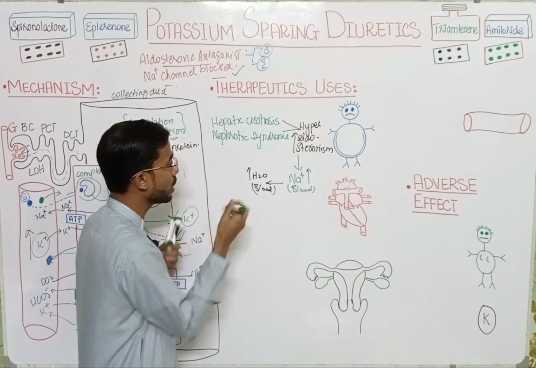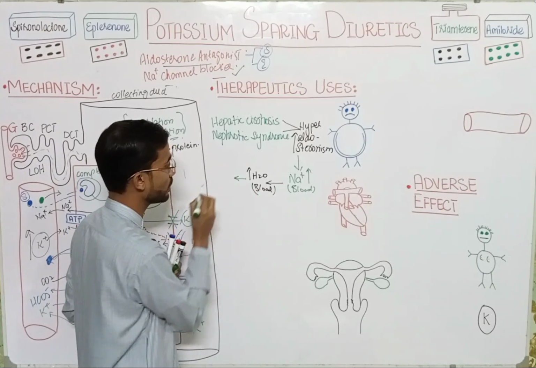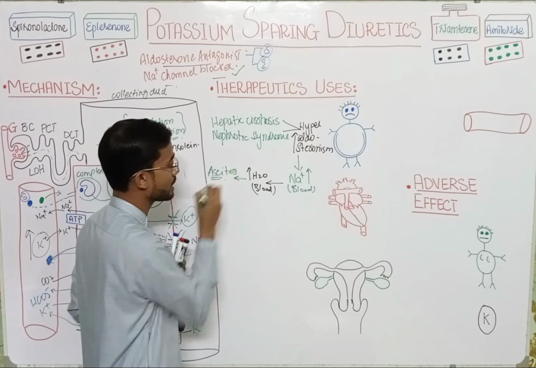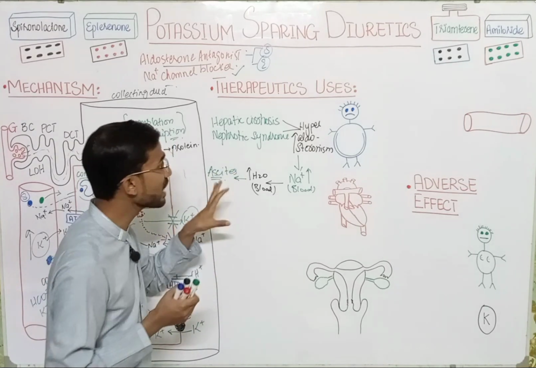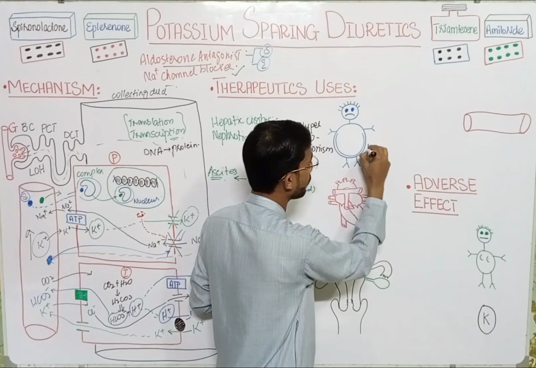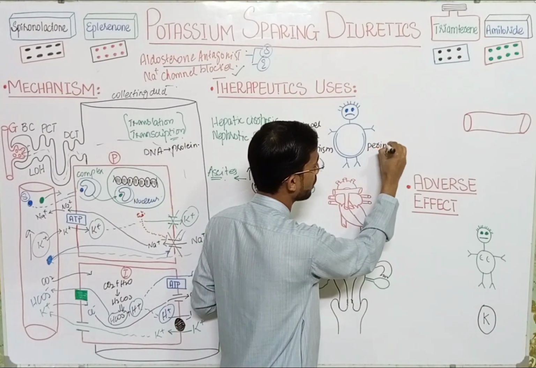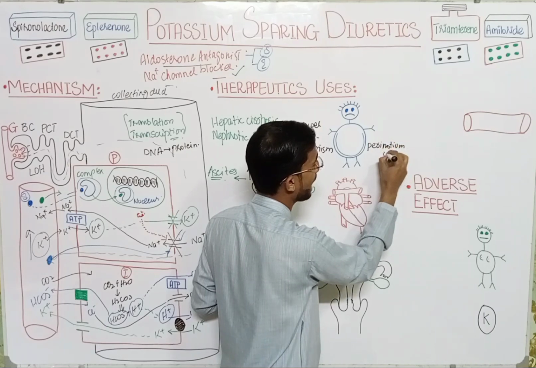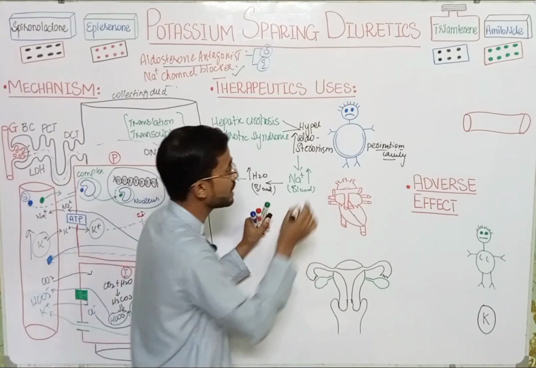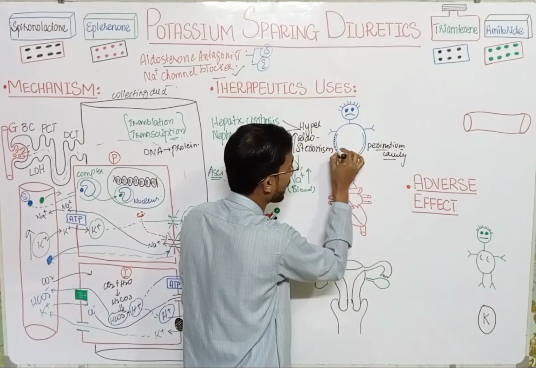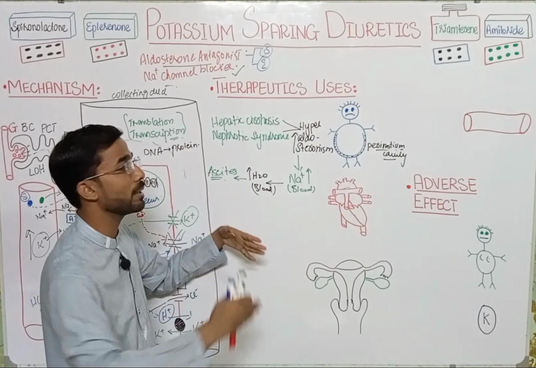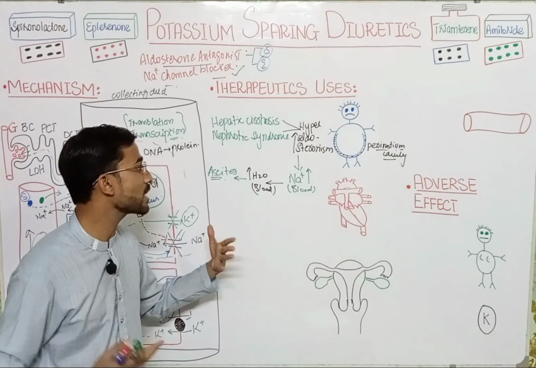So in that situation you will see a condition which is called ascites. What is ascites? You will see the fluid accumulate in the peritoneal cavity and the abdomen becomes enlarged.